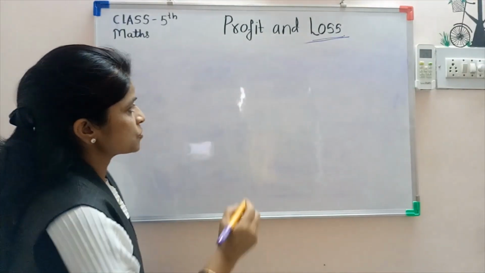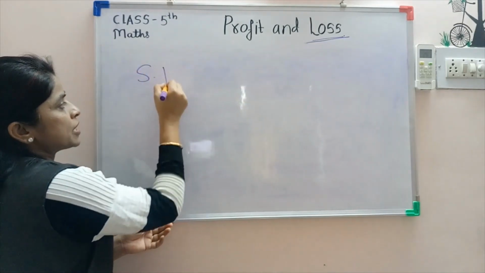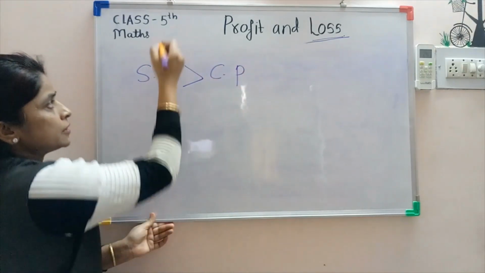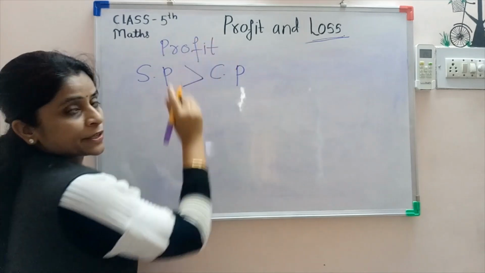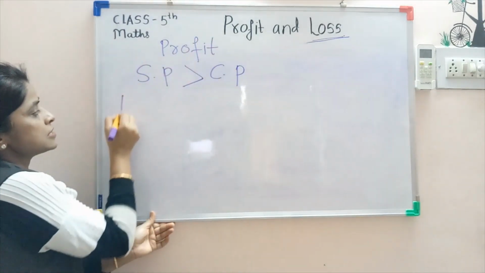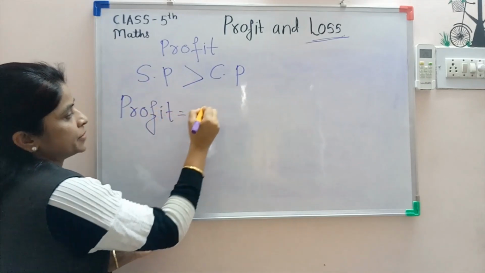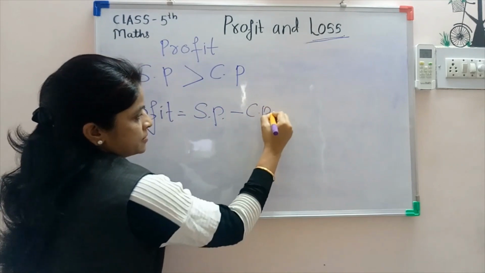Now look at this students. Now we come to know that if the selling price is greater than cost price, that is the profit. It means profit is the difference between selling price and cost price.